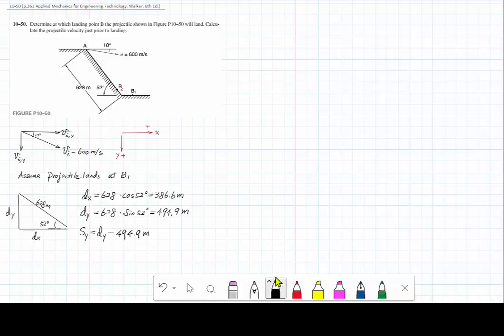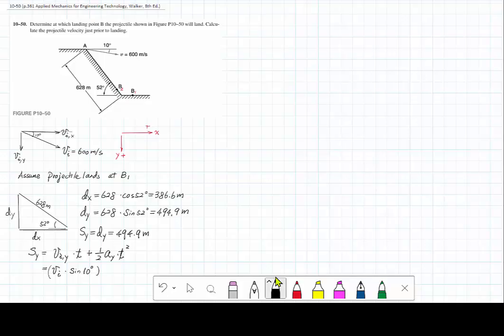So we have Sy equals the initial velocity in the y direction times time plus half acceleration in the y direction times time squared. Okay, so let's plug in the numbers. The initial velocity in the y direction should equal the initial velocity vi times sine 10 degrees.